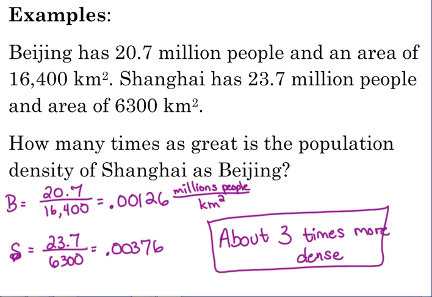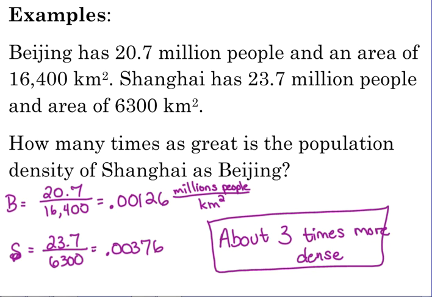Yes, sir. Yeah, that's just talking about how many times greater is the population, but it says the population density. Yes, absolutely. If you're just trying to figure out how many more times greater the population is, you would just do the 23.7 divided by 20.7.